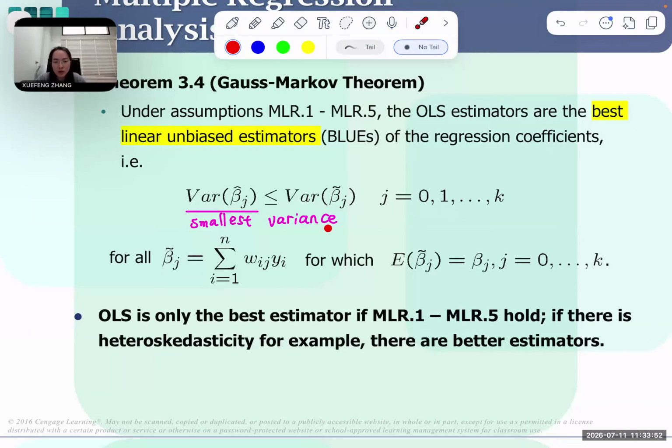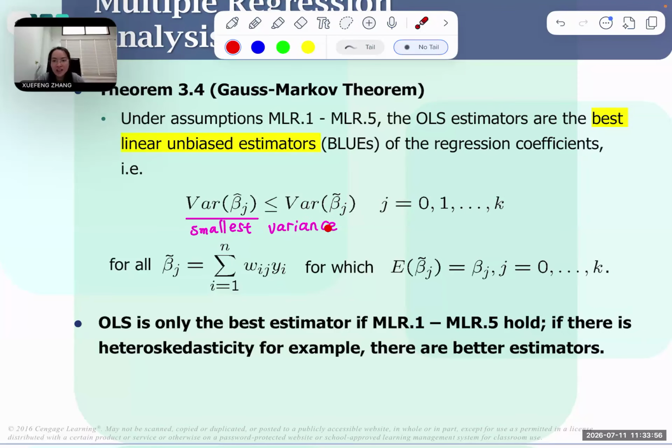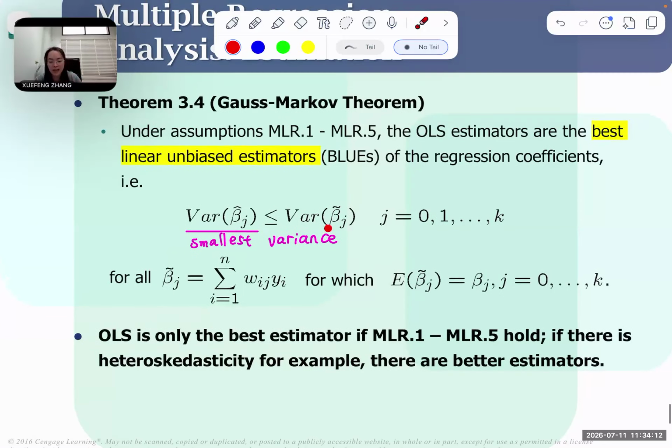In plain words, if you are restricted to unbiased linear estimators, OLS is guaranteed to be the most precise one possible. You literally cannot do better. No clever reweighting scheme can beat it, as long as our 5 assumptions hold.